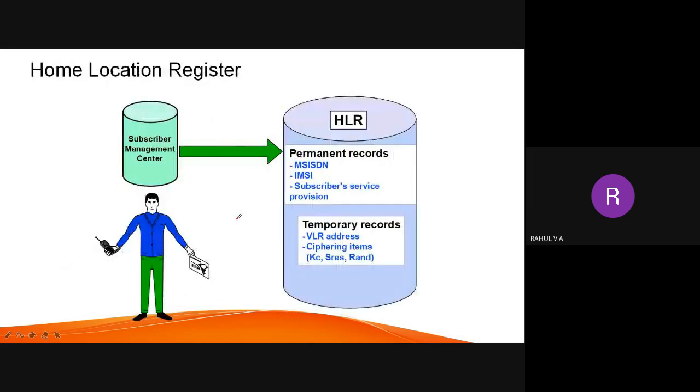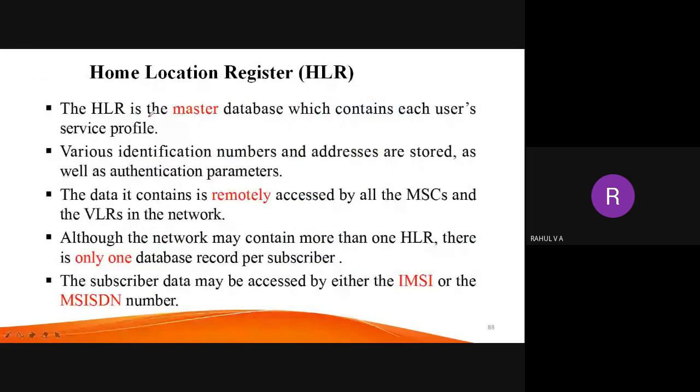Next one is the Home Location Register. So what is this Home Location Register? It will have a lot of permanent records. That means the HLR is a master database which contains each user's service profile.